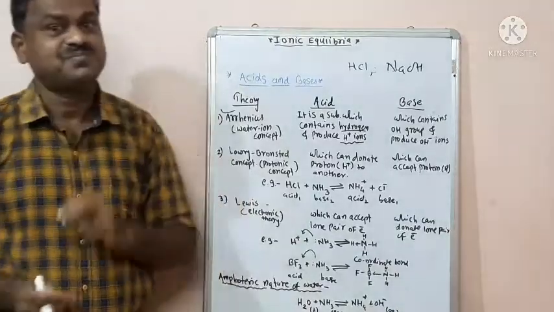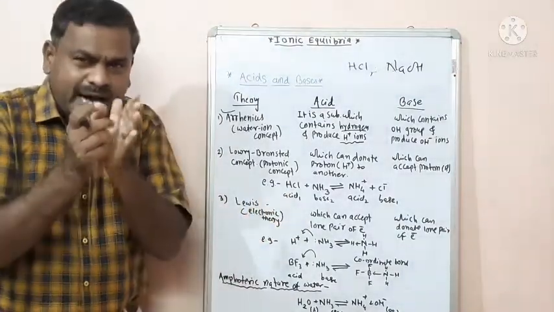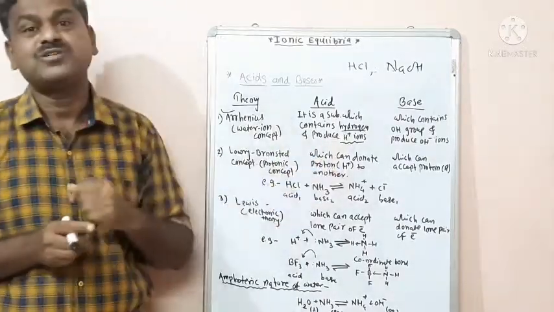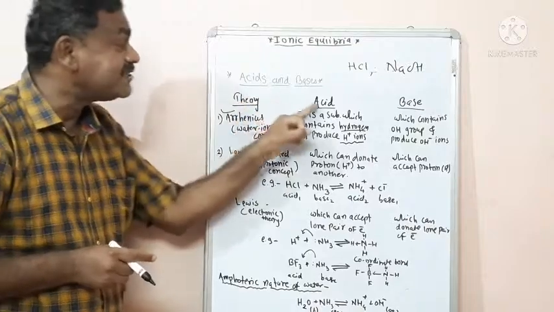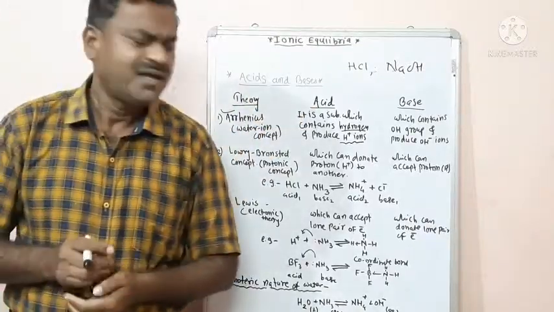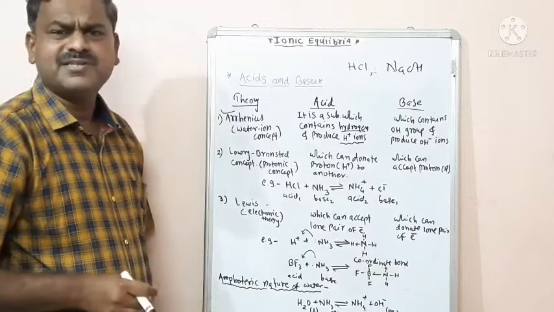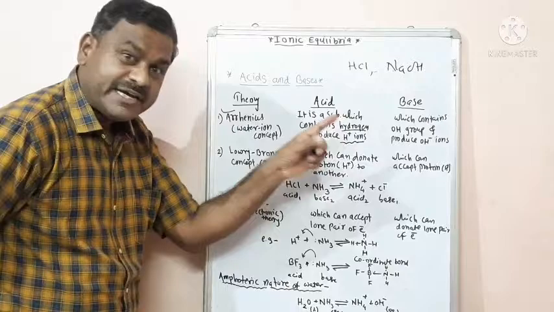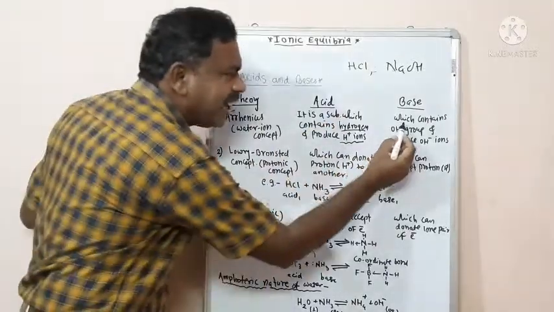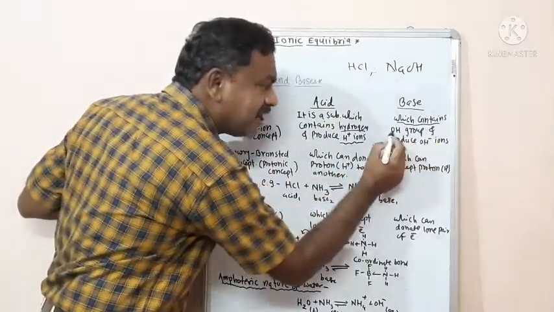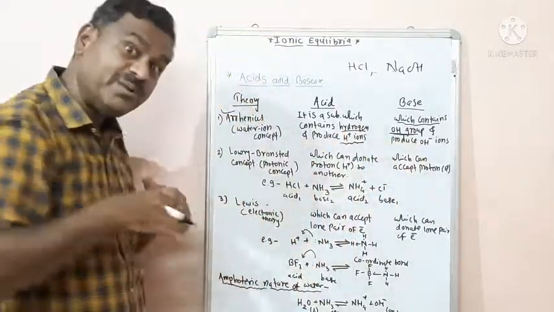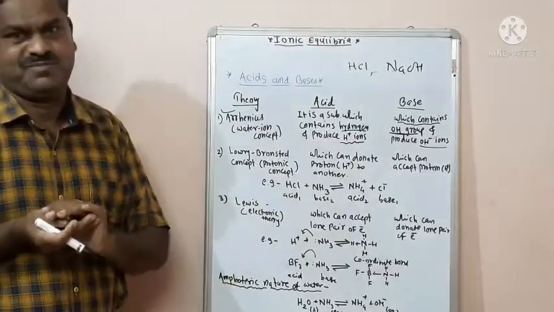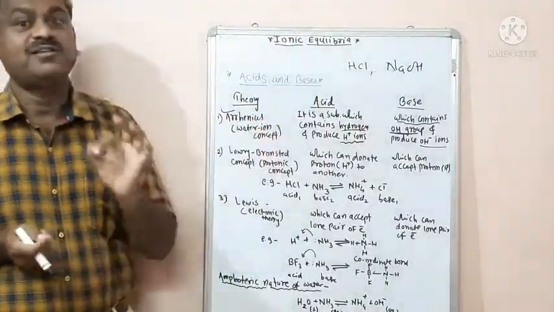In short, an acid is a substance which can produce hydrogen ions. Then how does Arrhenius define the base? A base is also a substance which contains the hydroxyl group and produces hydroxyl ions, and that is why it is called a base.